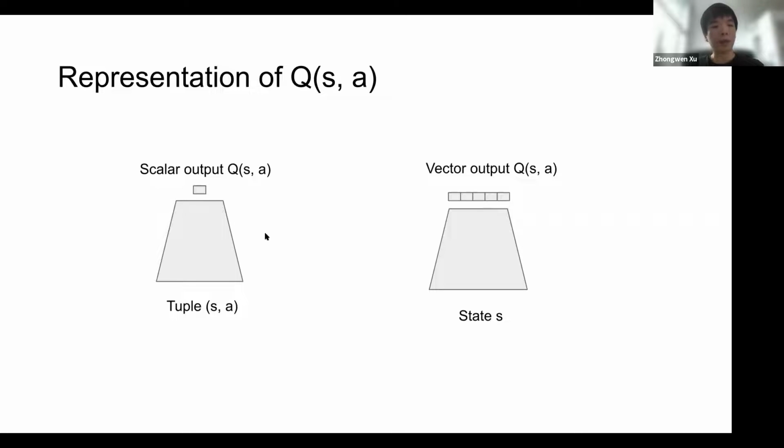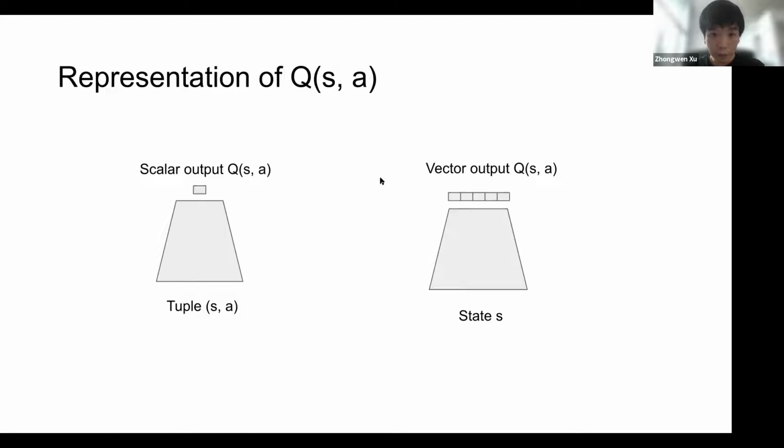As you can imagine, if we would do the same thing with the left-hand side approach, you have to enumerate the different actions. From the first action to the 5th action, feed each of them as input, and then we have to perform the forward pass of the network 5 times. So it's much slower than the right-hand side.